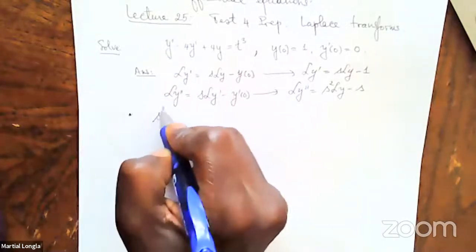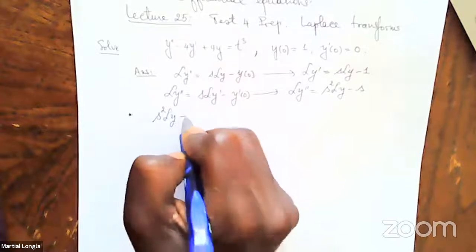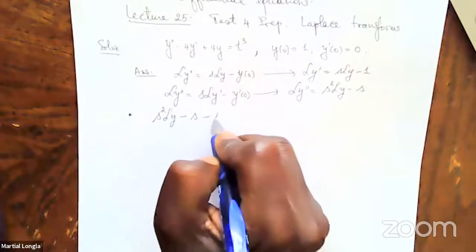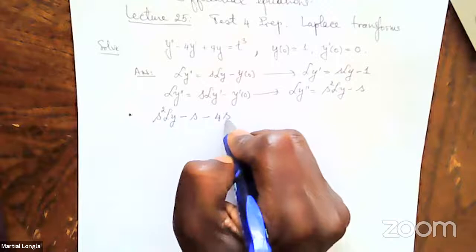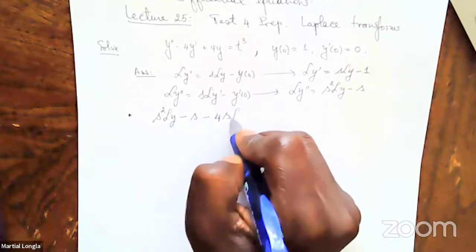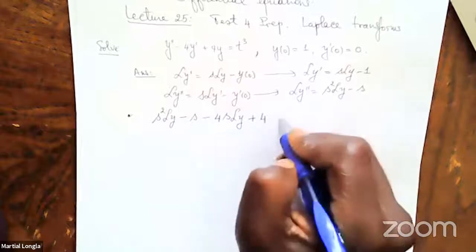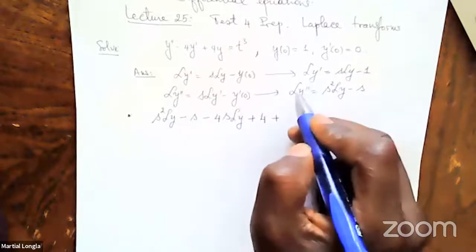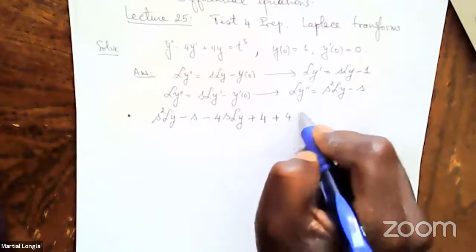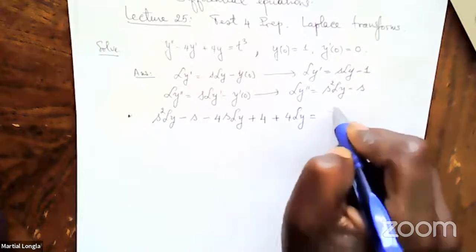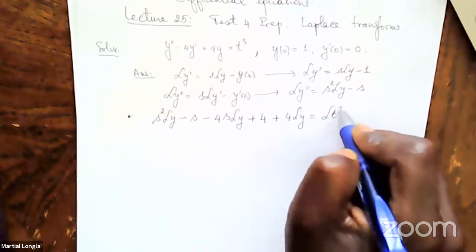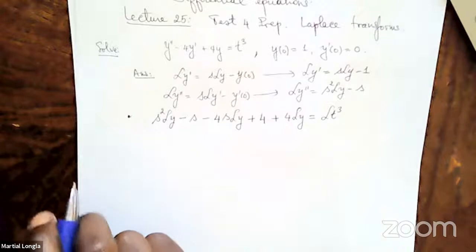That's s squared times the Laplace transform of y, minus s, minus 4s times the Laplace transform of y, plus 4, plus 4 times the Laplace transform of y equals, and I leave this as, the Laplace transform of t cubed.